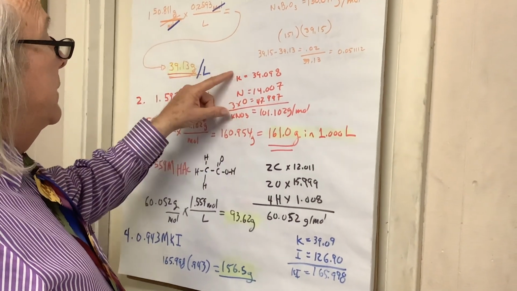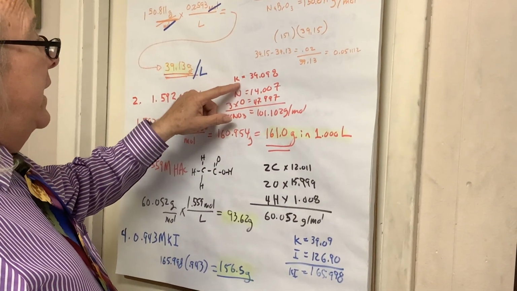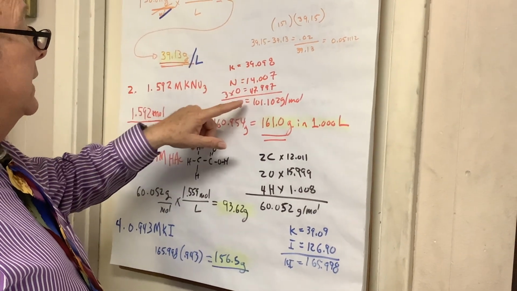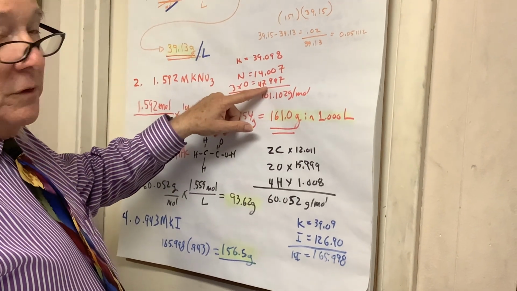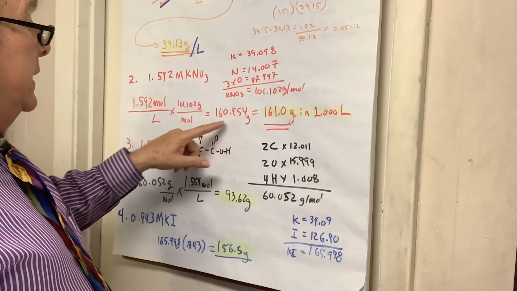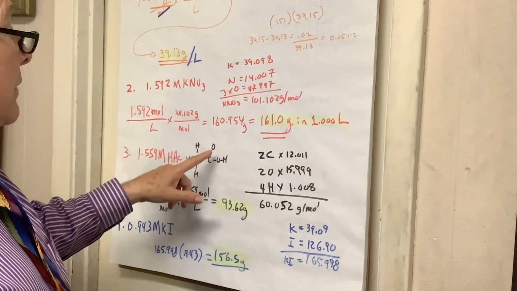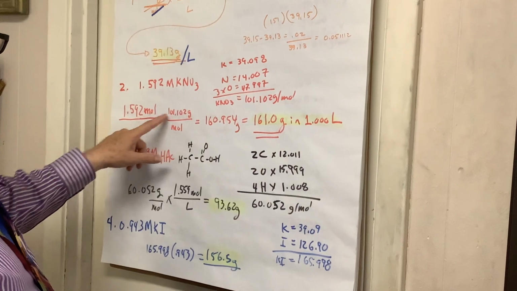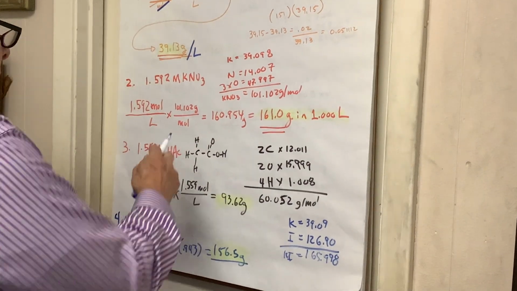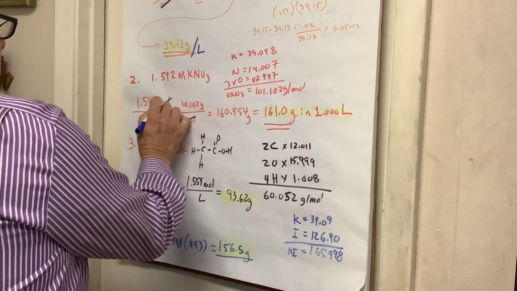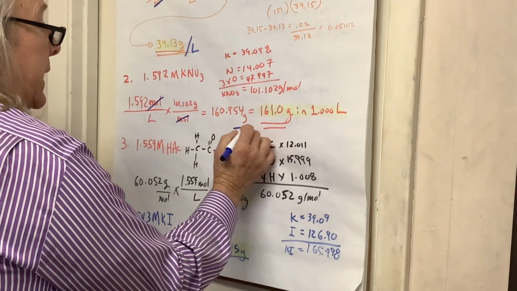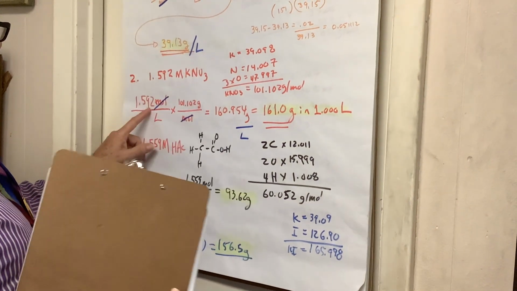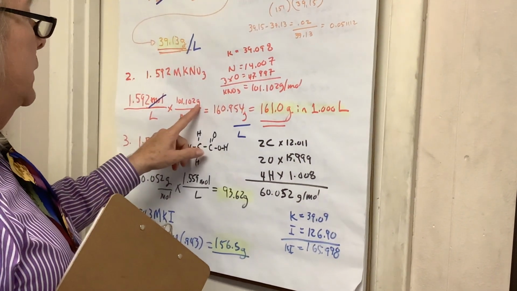So I take my potassium nitrate, 1 potassium, 39, 1 nitrogen, 14, and 3 oxygens, 3 times 16 is almost 48, and I get 101.102 grams per mole. When I do that, my moles cancel, and I'm left with how many grams I need in 1 liter. 1.592 times 101.102.